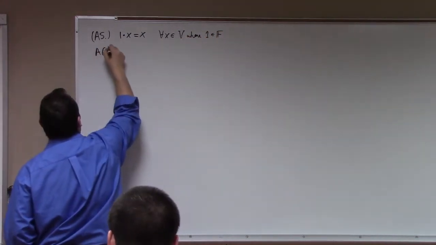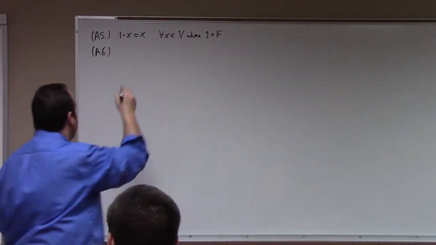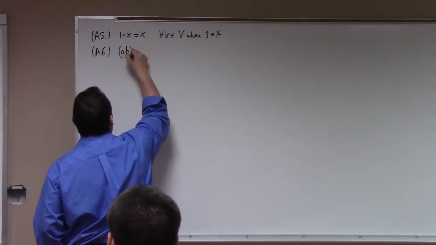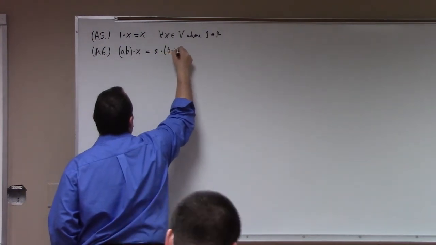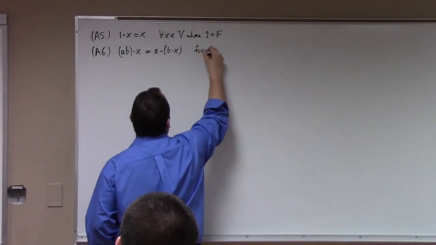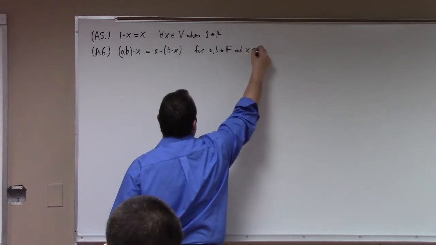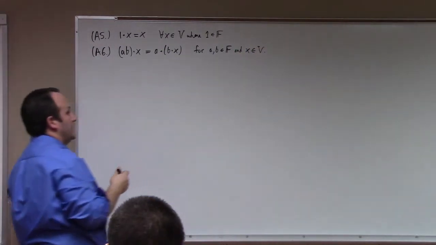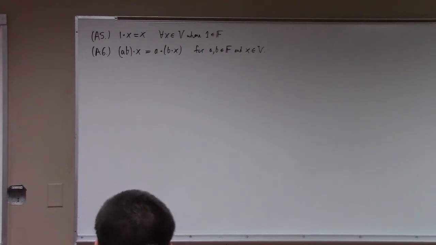Axiom 6 says that if we take AB scalar multiplied by x, it's the same as multiplying by B first and then multiplying by A. So this is for scalars A, B, and x a vector. By the way, we call the numbers that are multiplying scalars. So A and B here are scalars. C in the original thing here, this is a scalar.